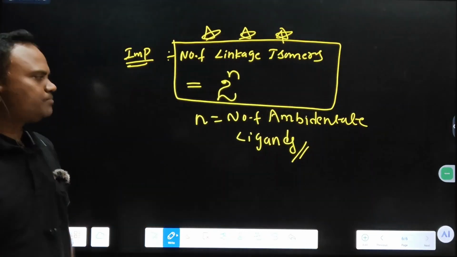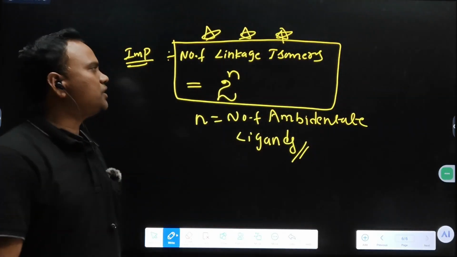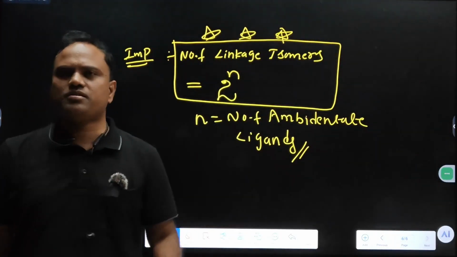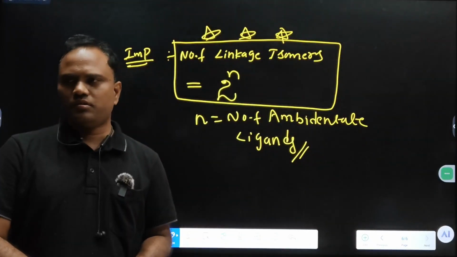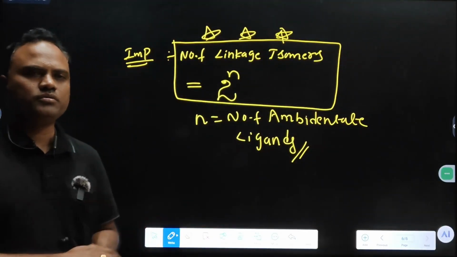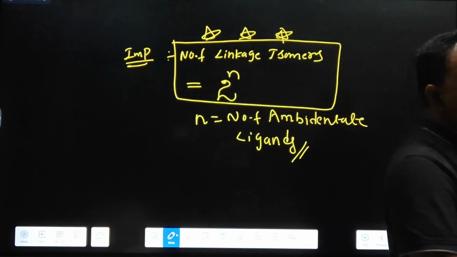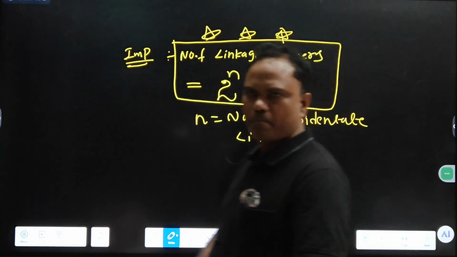Note down the formula: when ambidentate ligands are present, the number of linkage isomers is 2 to the power N. It is a special formula, given here only. N is the number of ambidentate ligands.